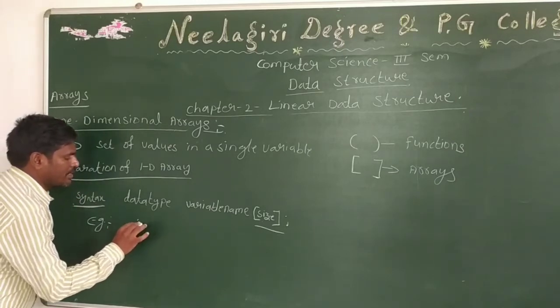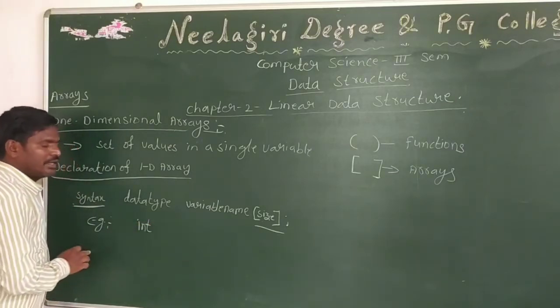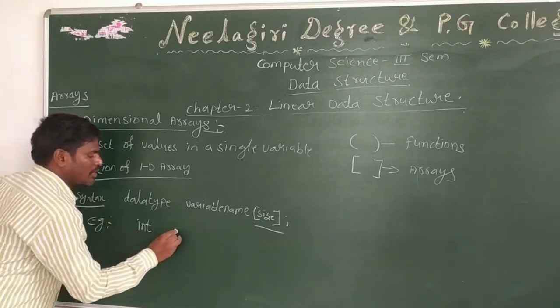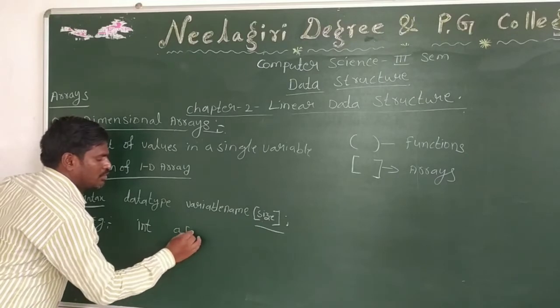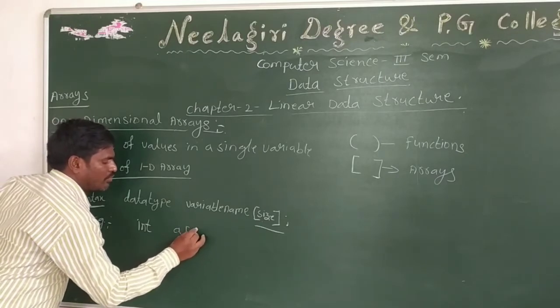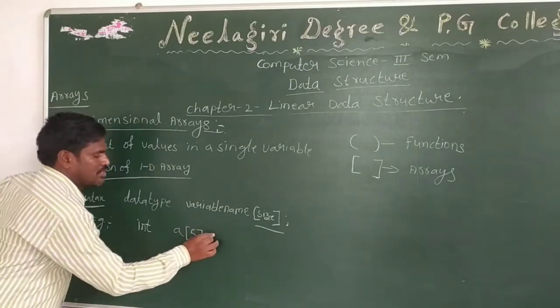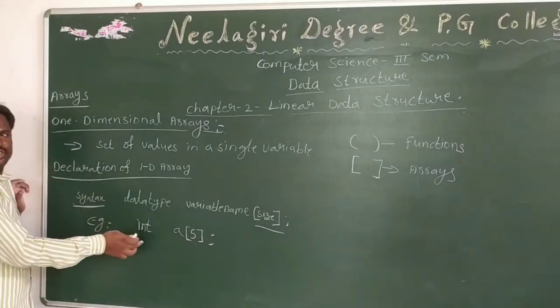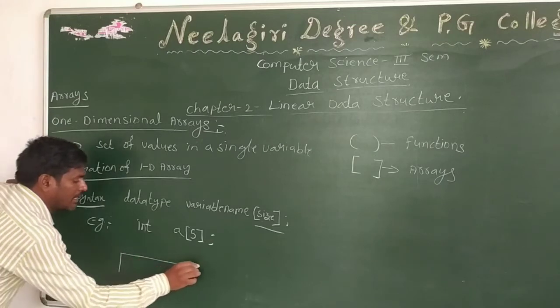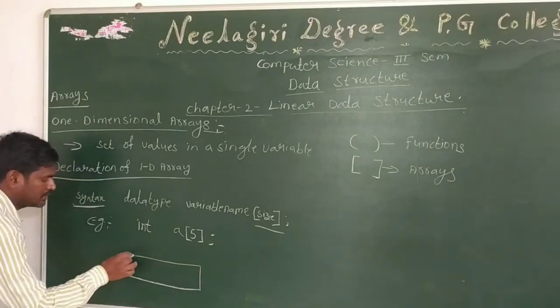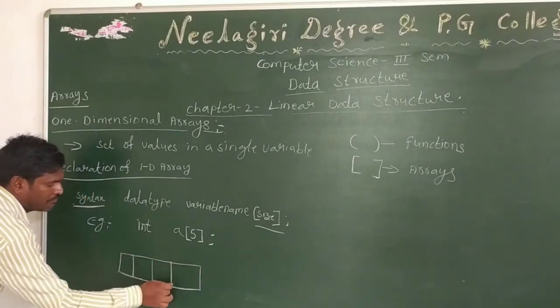So I am writing a C++ data type, say int. What is the variable name? Say for example, A, with square brackets. For example, I want to store 5 values, so 5. This is the variable declaration. Automatically the compiler creates 5 blocks.